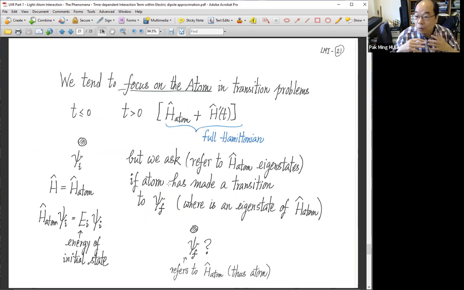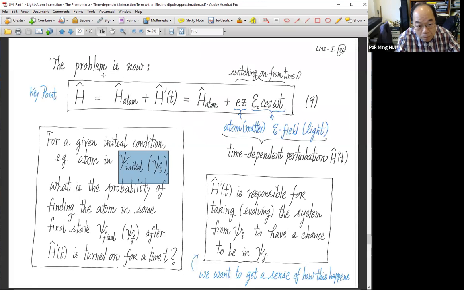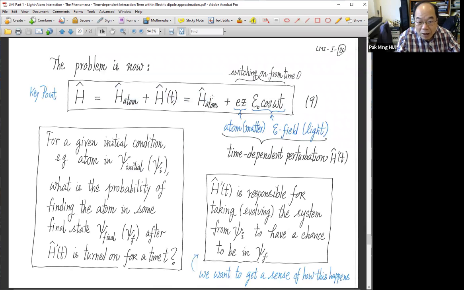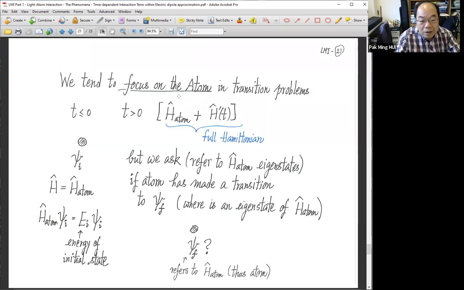When we ask questions about transitions, although the full problem is these two terms together, we are focusing on the atom part about transition. So although this is the full Hamiltonian, we are asking about the atom part: initially here, final there, what is the probability? Okay, so take this in mind.